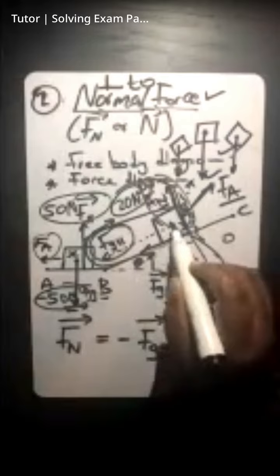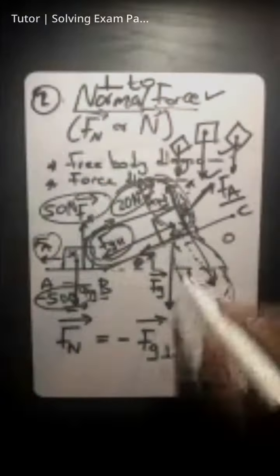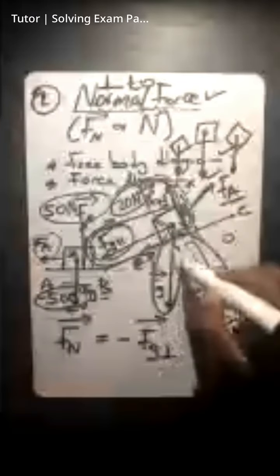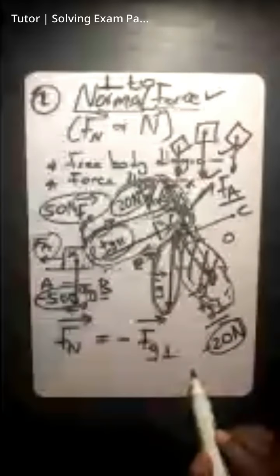If that object moves in that direction, then you're going to have an applied force, a frictional force, and the force of gravity, so you'll have 3 forces. This one is not included in the calculations. We only consider the components of this force. The first component dies because it cancels out with the normal force. So it's only this one, the active force, that is included in the formula.